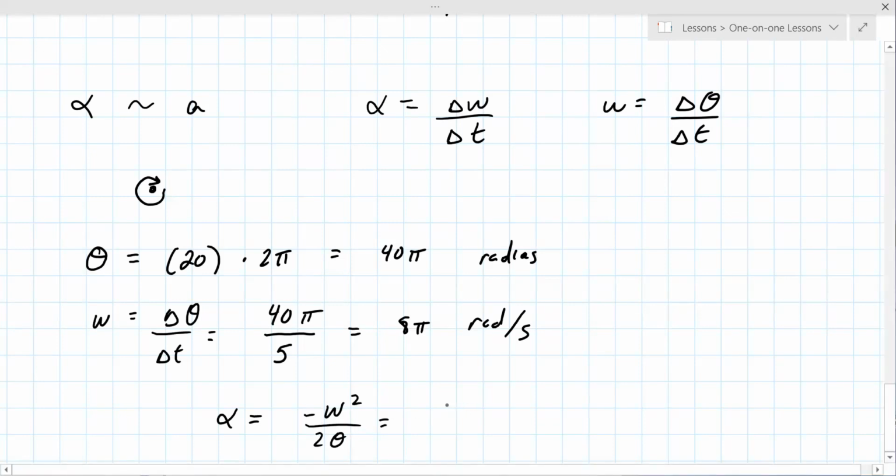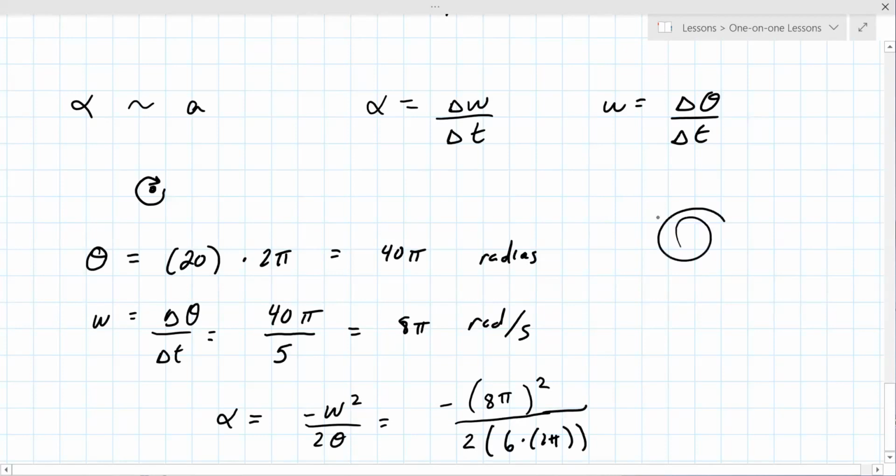So the angular acceleration is minus 8 pi squared over 2 times however far it went. The last six, it rotates 6 more times, so that is 6 times 2 pi. So it spins a bunch of times, and then later on it just spins 6 times. Okay, so that's where this other one comes from.